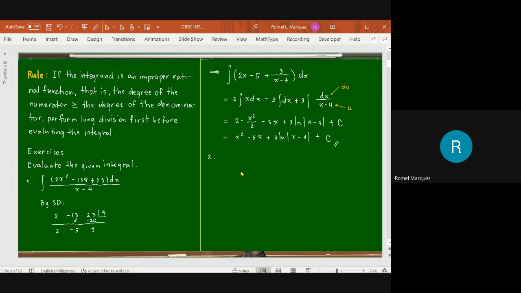So, let's have this one: the integral of (6x cubed plus 5x squared minus 14x minus 7) dx all over 2x plus 3.